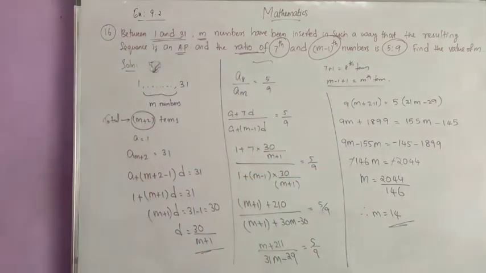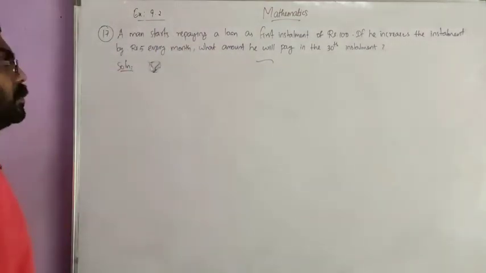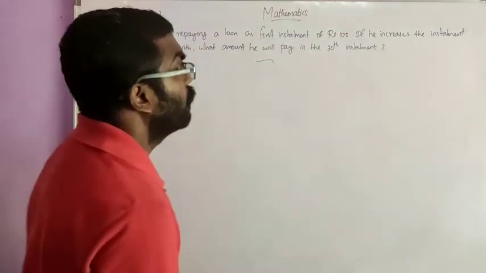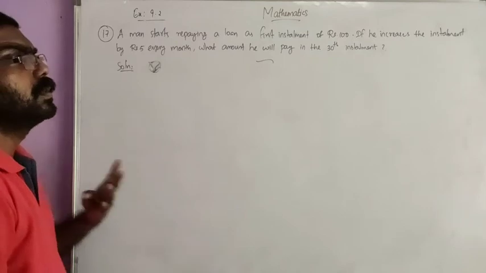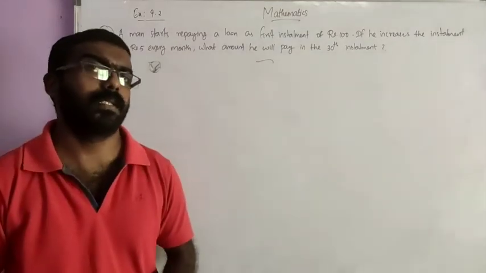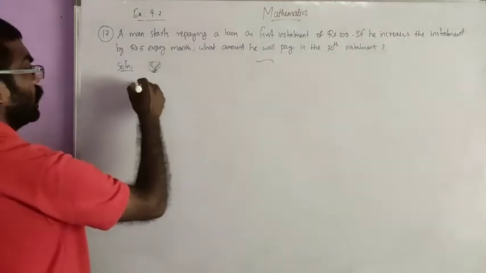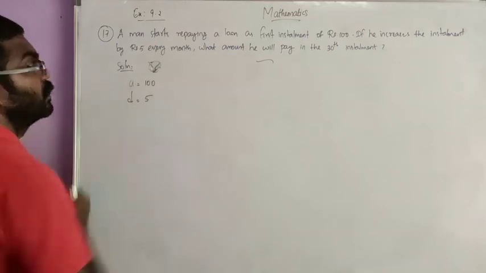Clear? Now the next one is: a man starts repaying a loan with a first installment of rupees 100. If he increases the installment by rupees 5 every month, we can consider the given situation as an arithmetic progression. So we can take the first term a as 100 and the common difference d as 5.